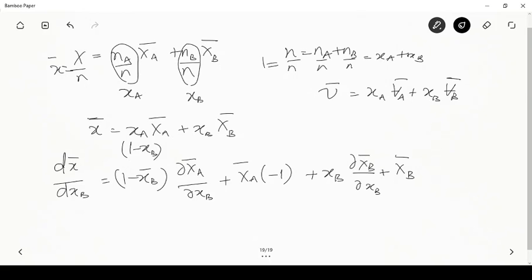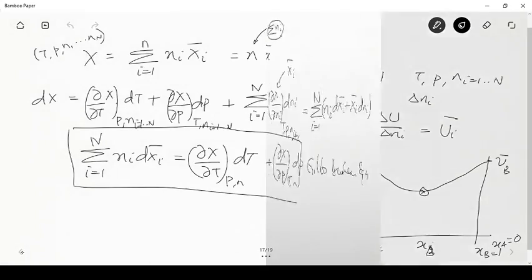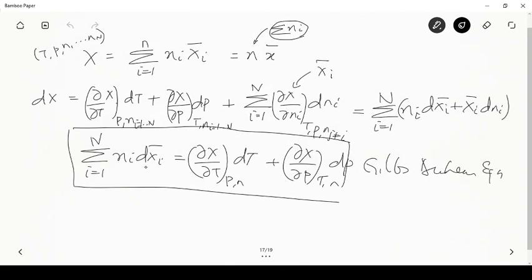We had said that at constant pressure and temperature, your Gibbs-Duhem equation that we derived for the most generic case was this one.